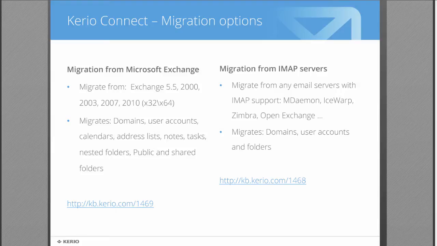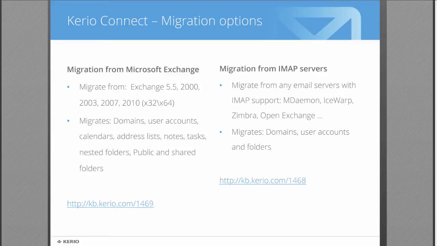If you look on the other side, if you don't have Exchange and you want to migrate away from MDaemon or IceWarp or any other of our competitors, we don't have a tool that is able to extract anything other than domains, user accounts, and folders.